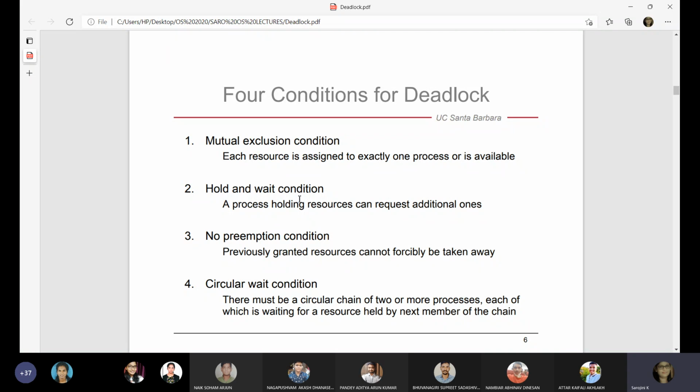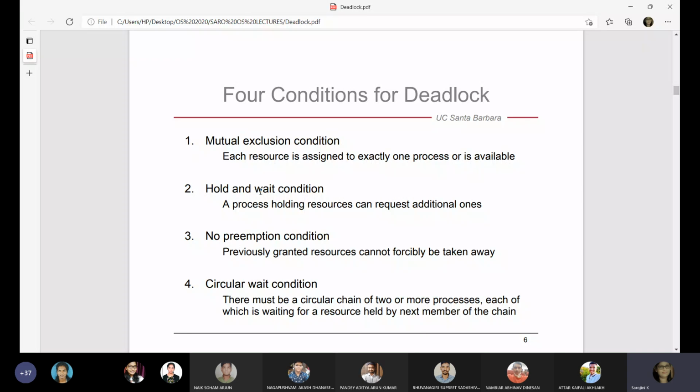That is the hold and wait condition. What it can do is release whatever resource it has, and then put the request for another resource. Then deadlock will not happen. But it is holding some resource and waiting to get another resource which is possessed by another process. That's why deadlock occurs.